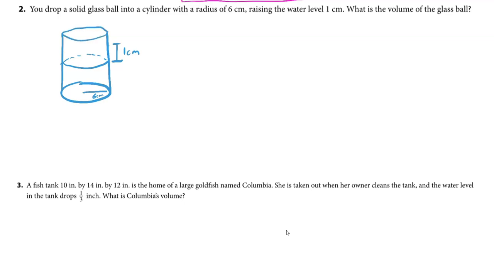And this was in centimeters down here. And so the new volume, here's the new level, is base times height, because this is a prism. So we have pi r squared times height. This is a radius of 6. So we have pi 6 squared times the height of 1.